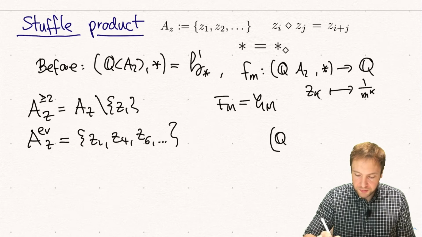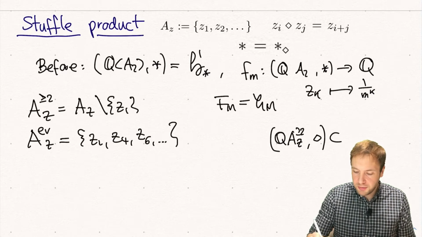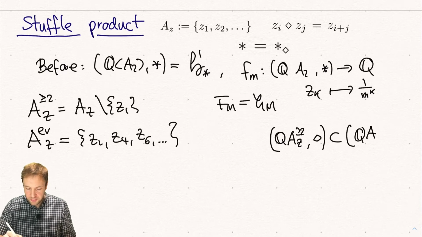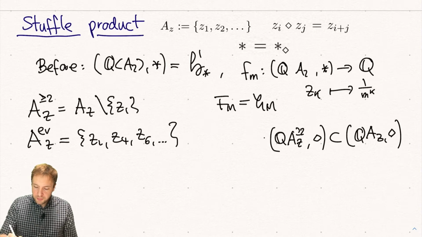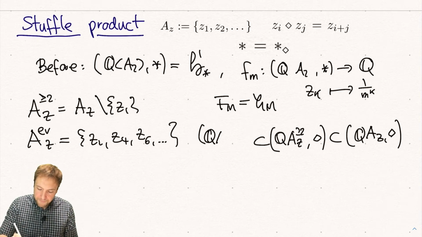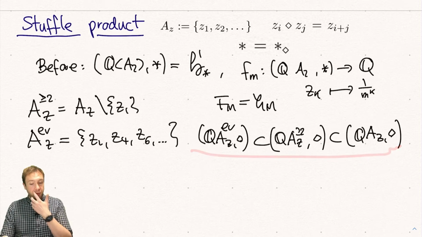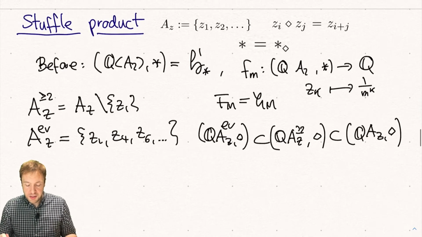In other words, AZ greater or equal to 2 with the diamond product is a subalgebra of Q. Here I don't need to take Q, it also makes sense for an arbitrary K, but let's do it like this. But also the space of even letters is a subalgebra, because if I add two even numbers, it's again an even number. So these are subalgebras, and then by the proposition before, we get subalgebras of the quasi-shuffle algebra.